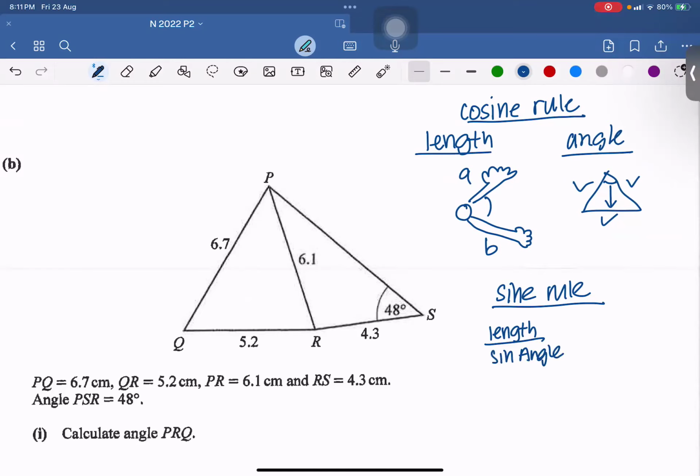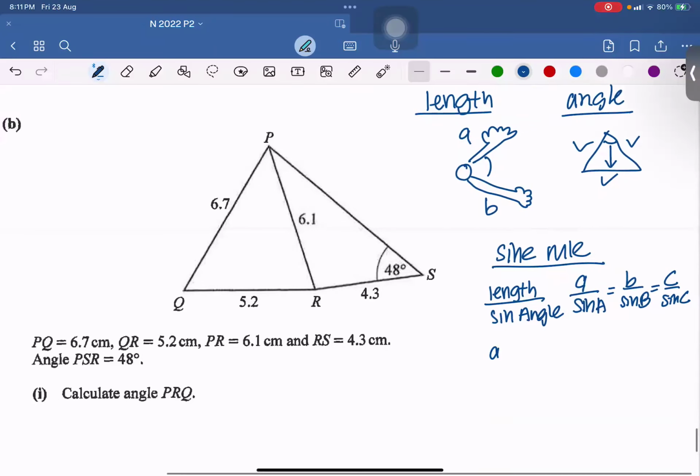So it will be A over sine A, B over sine B, C over sine C. If you want to find angle, then you will put sine angle on top over the length, so that I do not need to cross multiply too much. I just need to multiply over or do inverse if I need to.